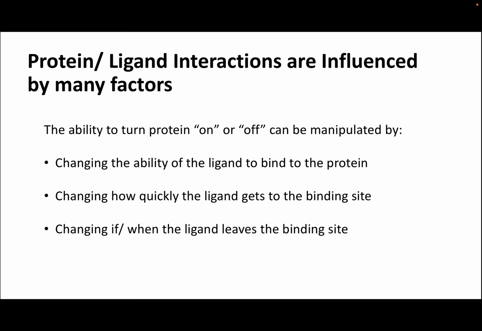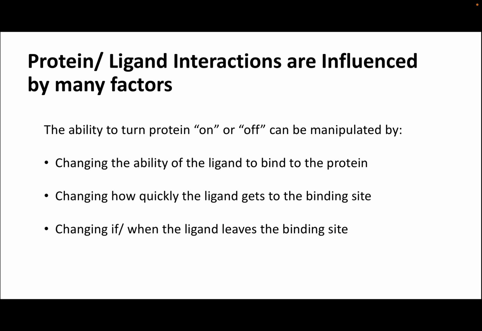There are some ligands that bind temporarily to a protein and then they release and the protein goes back to its original shape. And there are some that once they bind there, they stay there perpetually and they cause that change in shape to occur long term. So these are just three very broad ways in which we can influence the protein function through ligands.